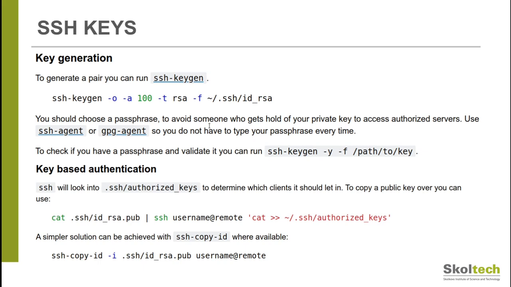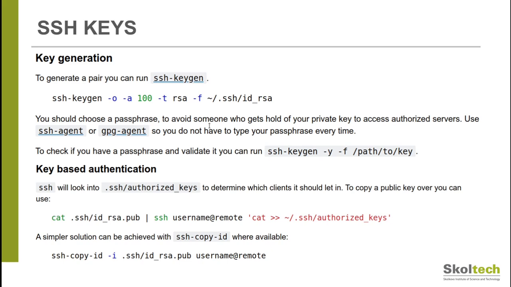So what is key-based authentication? When you connect to a server, SSH will look into the .ssh directory, authorized_keys, to determine which clients it should let in. That means which remote desktops it allows to connect.